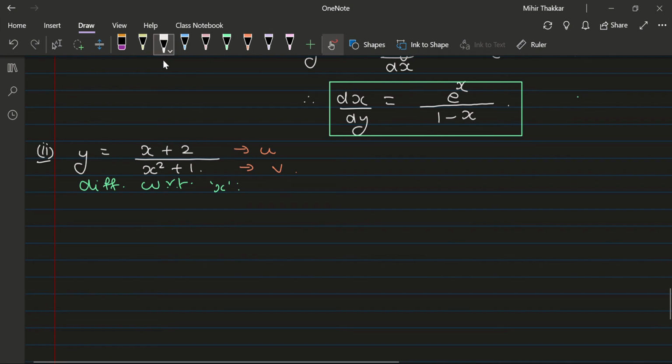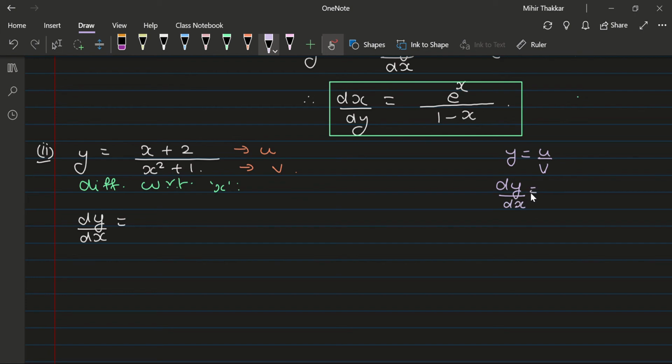So we get v into derivative of u. Okay, let me write the u by v rule. If y is equal to u by v, dy by dx, as you already know, is v into du by dx minus u into dv by dx upon v square.